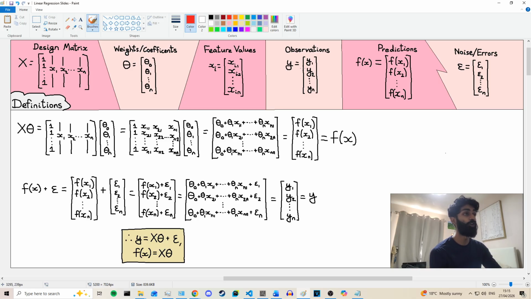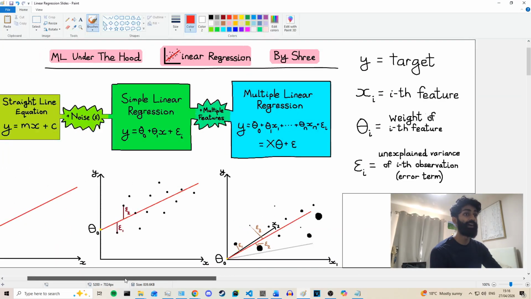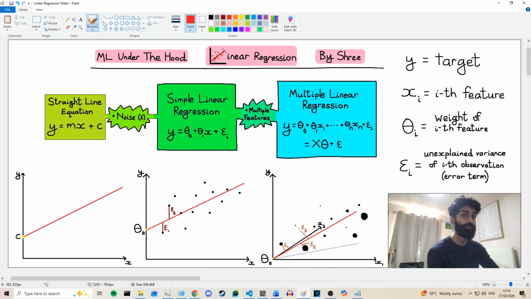Observations, y. So we have a column vector for all our observations. And then likewise, we have a column vector f of x for our predictions. The difference between f of x and y is that f of x is our red line here. This is our predicted relationship. y is the genuine observed value.